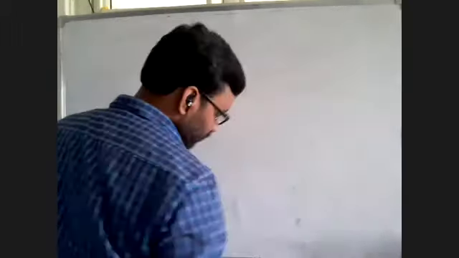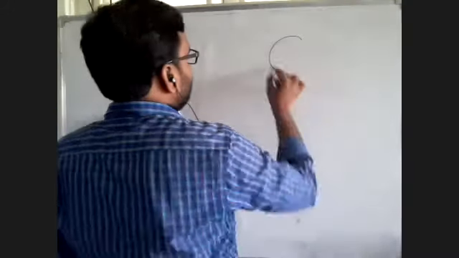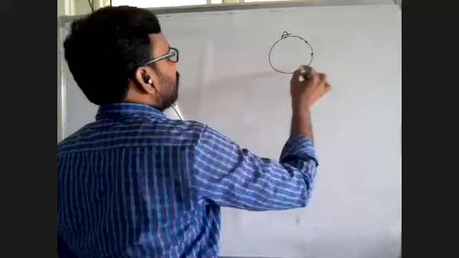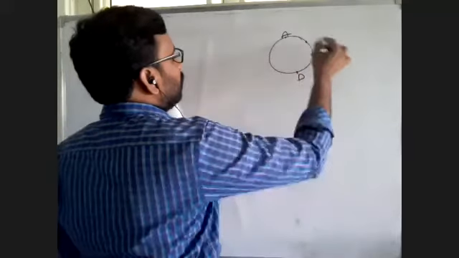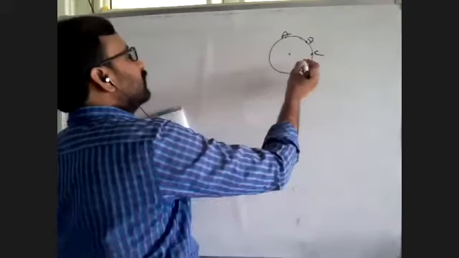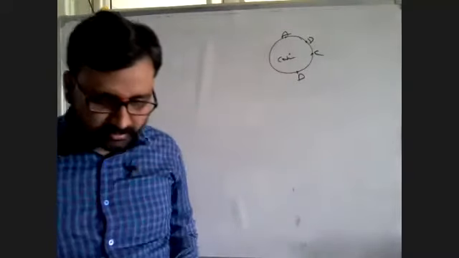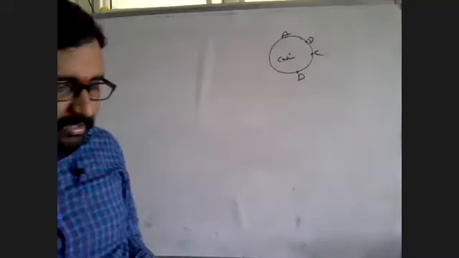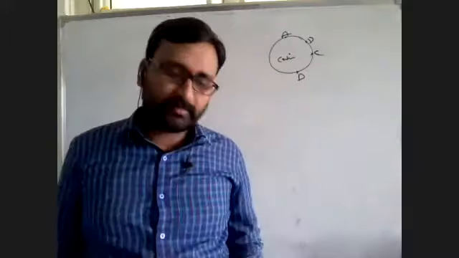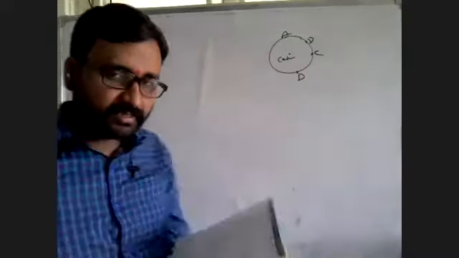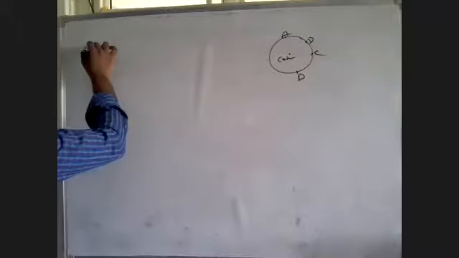If the points A, B, C, D lie on the same circle, this is center. Then they are said to be concyclic points.